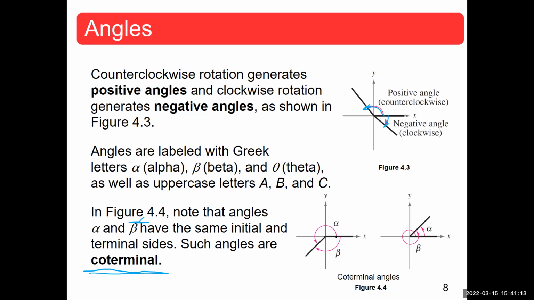Like if I have an angle alpha here, and another angle, negative beta, both of these angles stop at this location. So we call them coterminal.